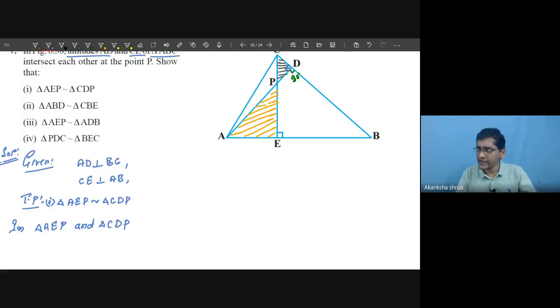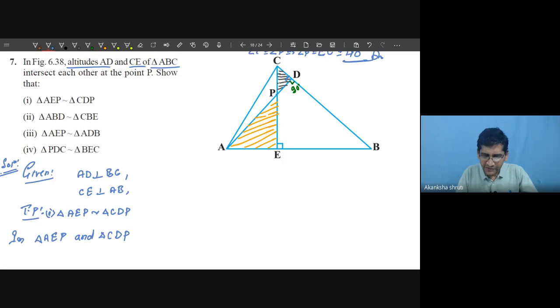Student, here we are observing that it is given that AE is perpendicular to AB. It means angle AEP is 90 degree. Also, AD is perpendicular to CB. It means angle ADC is 90 degree. So that is the condition, one condition that we have to write.